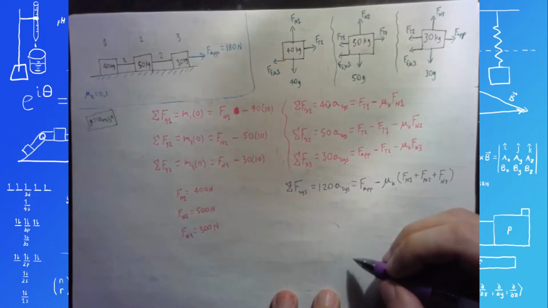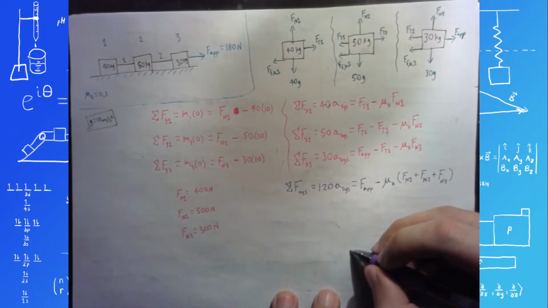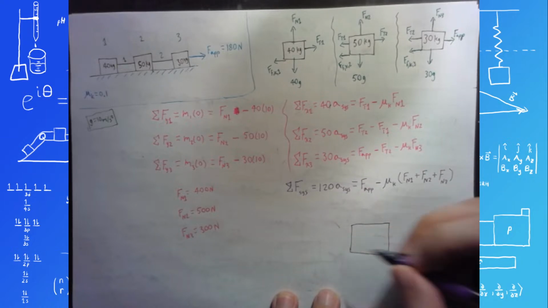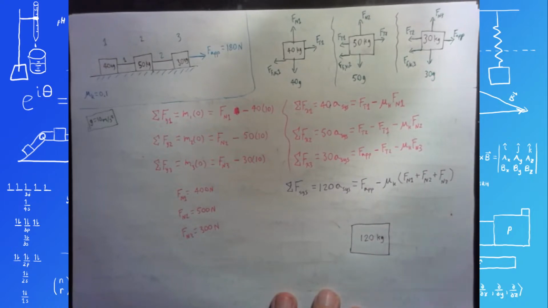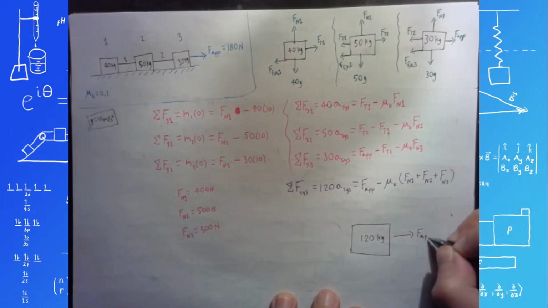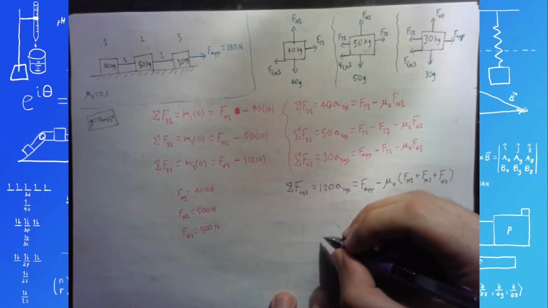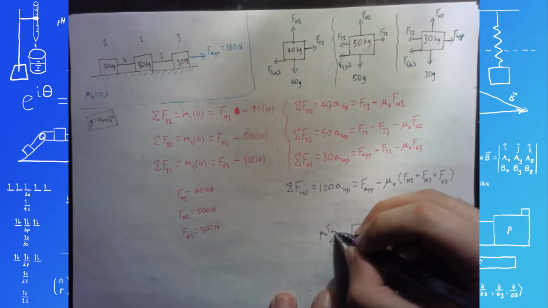If I were to draw a diagram that matches this equation, I would have a 120 kilogram object that has some applied force on it and has some friction, mu k, times normal force system.